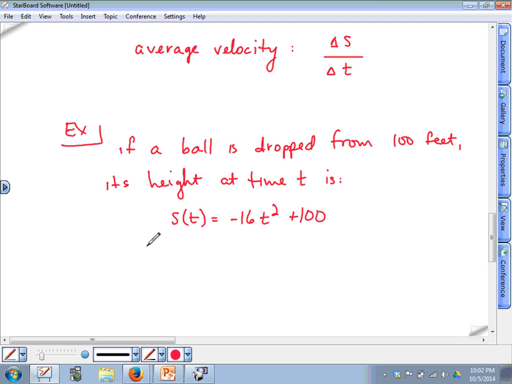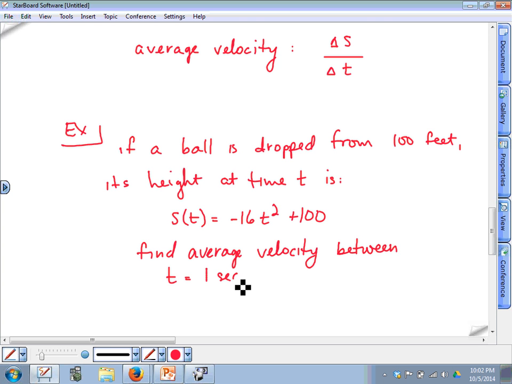So if you were to find the average velocity between time equals 1 second and time equals 2 seconds, that's essentially what you would have done last year in a pre-calculus course when you're finding the average rate of change between 2 points on a graph.